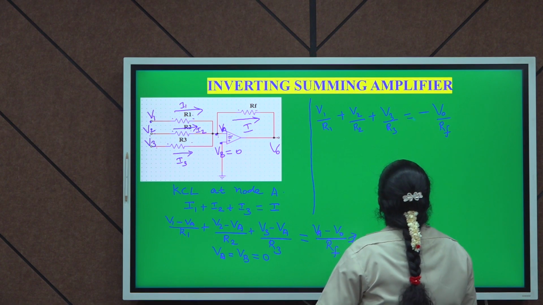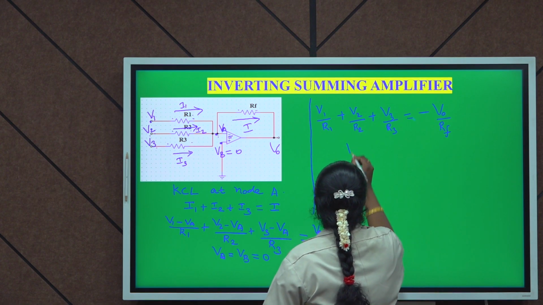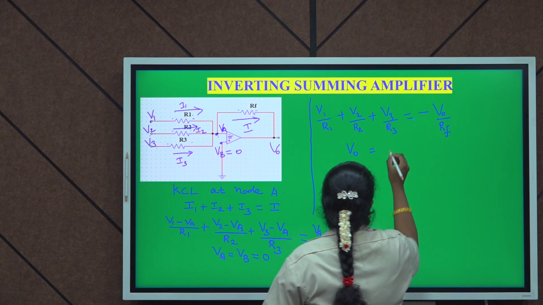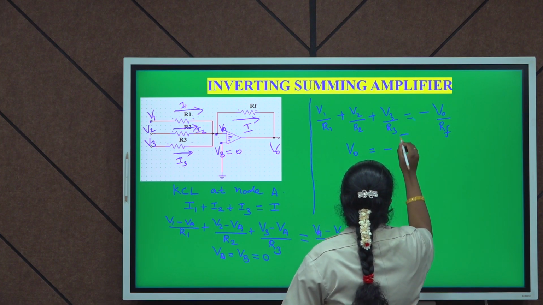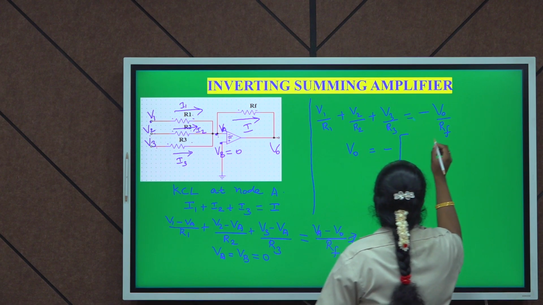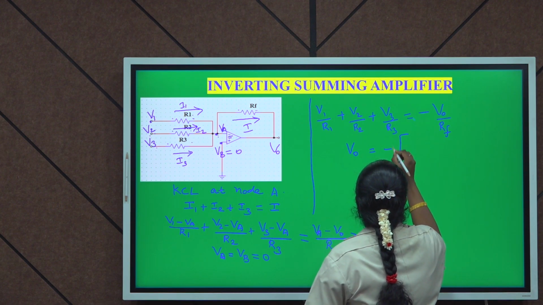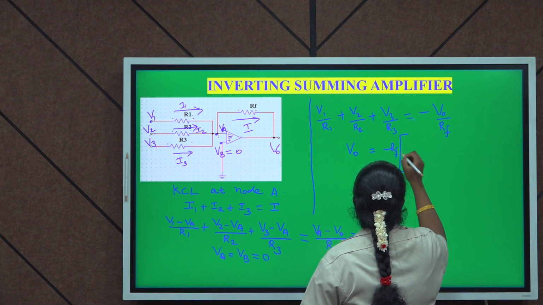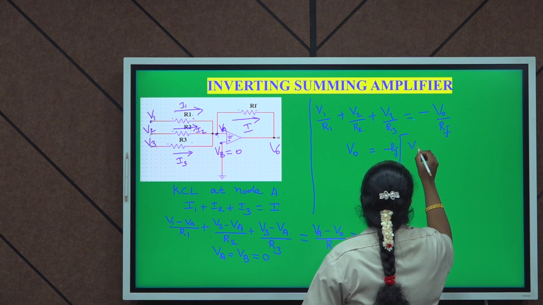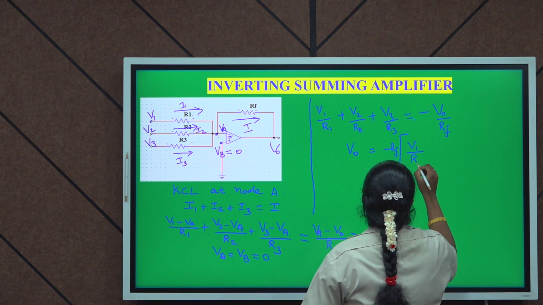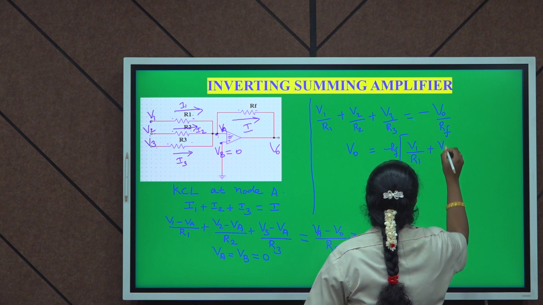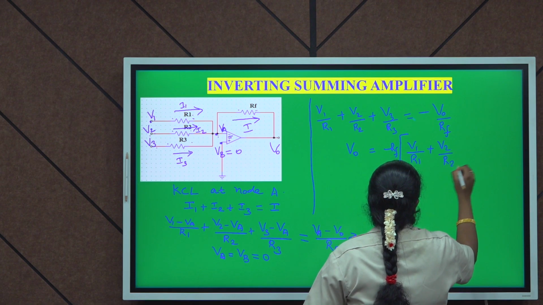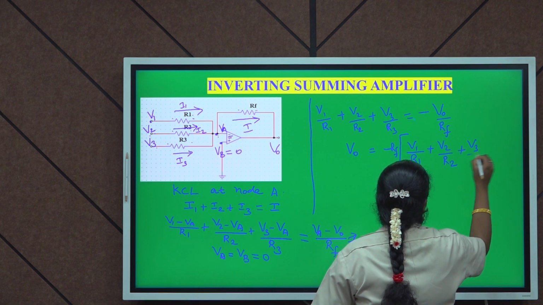From this we find the output voltage V0, which is equal to minus RF into (V1 by R1 plus V2 by R2 plus V3 by R3).